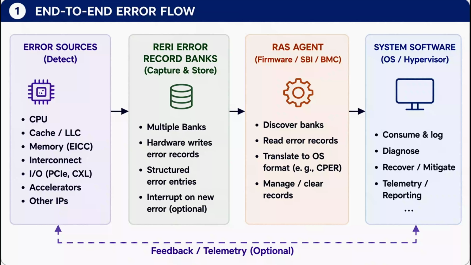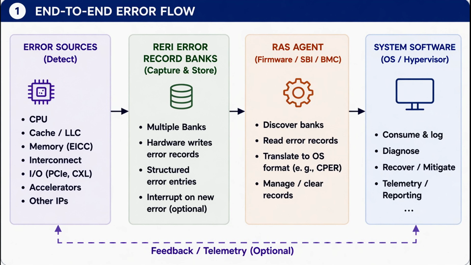The life of an error, from silicon to software, is shown in 4 stages. On the far left, the error sources: a CPU pipeline, a cache with ECC, main memory, the interconnect fabric, a PCIe or CXL link, and an accelerator. These are the components doing the actual error detection through ECC, parity, protocol checks, voltage sensors, and so on.